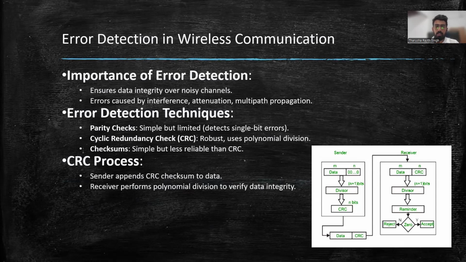CRC process. As shown in the image, the sender appends a CRC checksum to the data before transmission. The checksum is generated using polynomial division. At the receiver, the same polynomial division is performed on the received data.